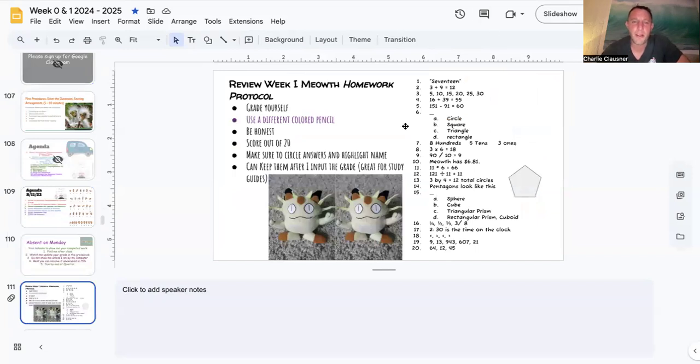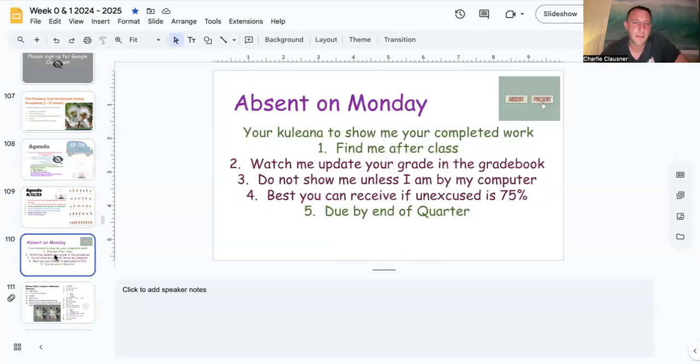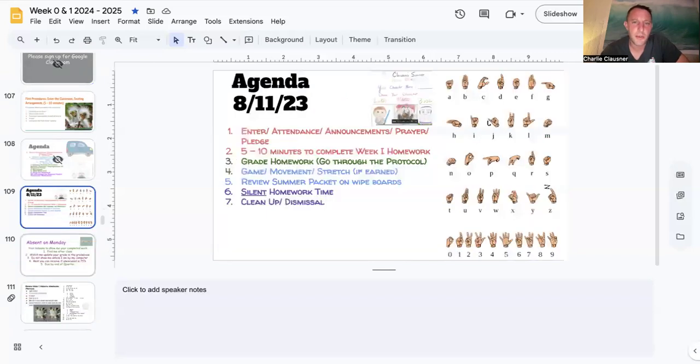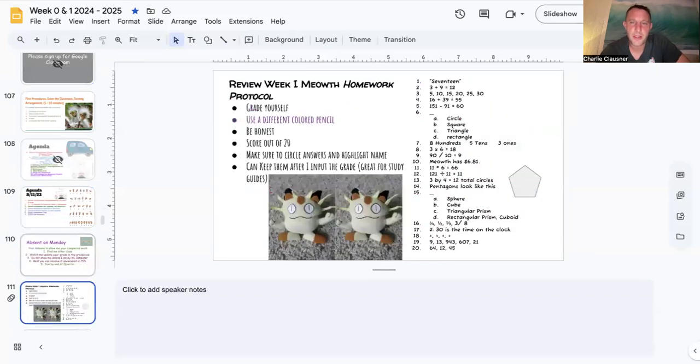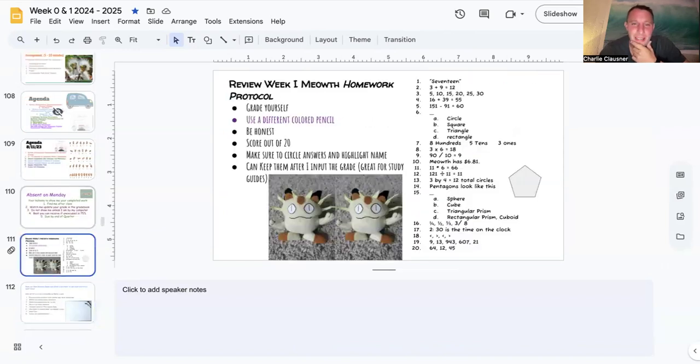This is important because I want them to know the process for grading. So I actually do let them grade themselves, which, I don't know how effective it is, but that's that. So we go through and we grade it ourselves in class, and I do spot check them and make sure they're being honest.